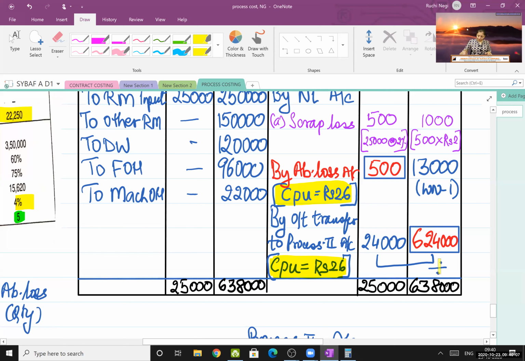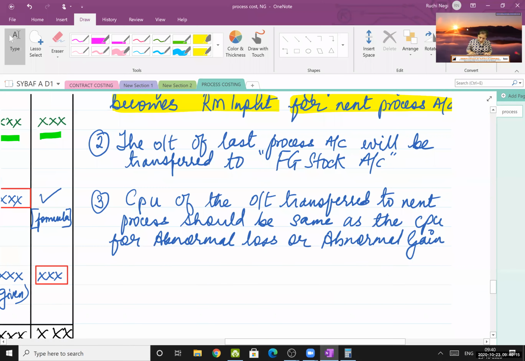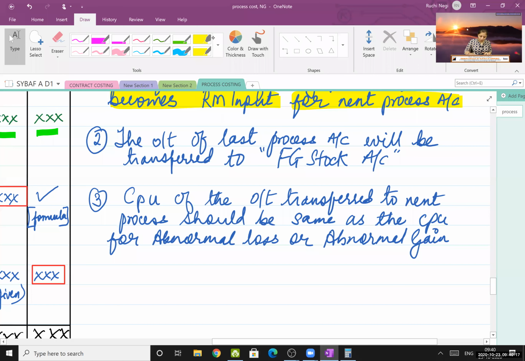Okay, now see. See here note number 3 देखो. CPU of the output. CPU, cost per unit, that is cost price. CPU of the output transferred to next process should be same as the CPU for abnormal loss or abnormal gain.